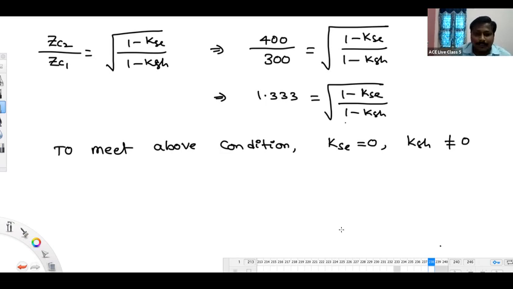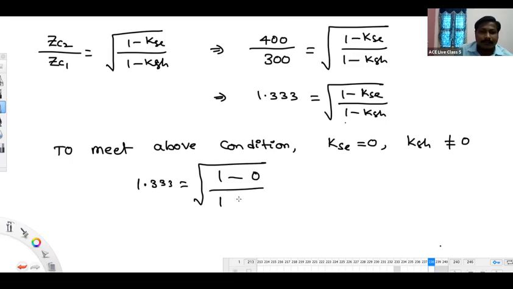So 1.333 equals the square root of 1 minus KSC by 1 minus KSH. Get that value of KSH. Tell me the value of KSH.